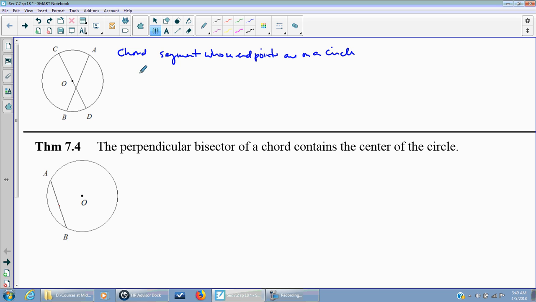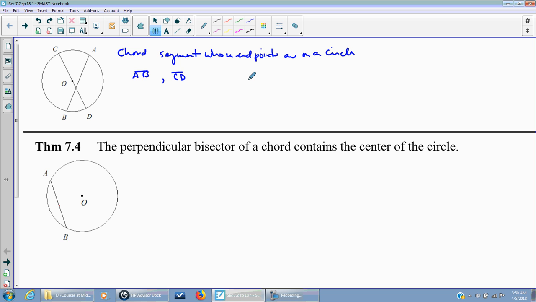So here I have two chords. I have the chord AB, and I also have the chord CD. Now CD is actually a diameter, so it is a chord that runs through the center of the circle, and it is the longest possible chord that can be formed on this circle.